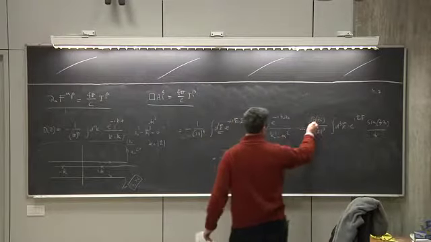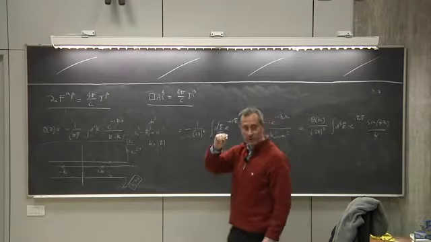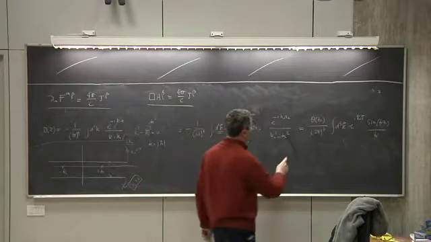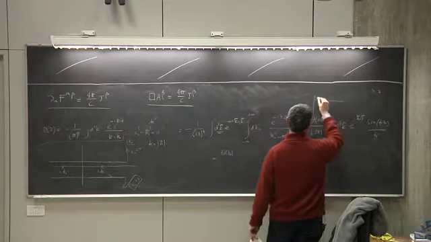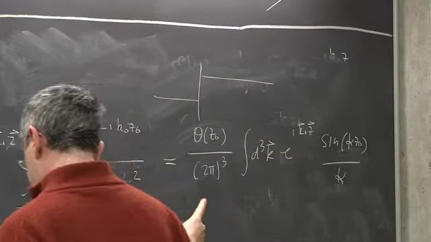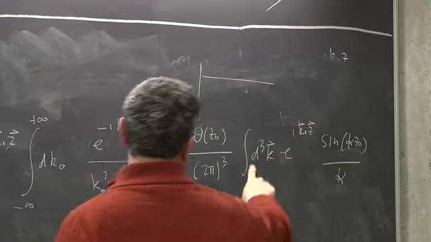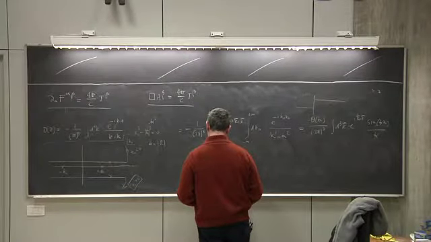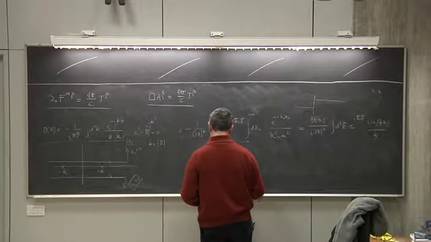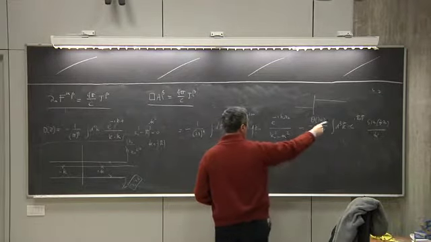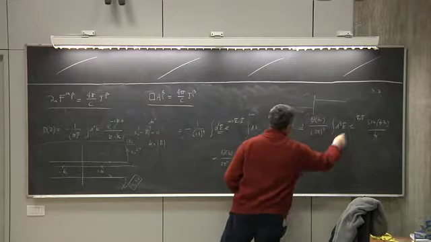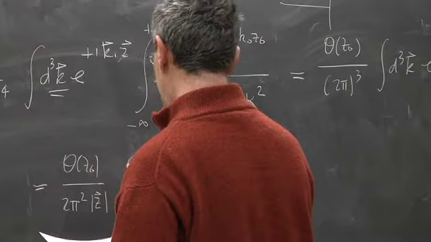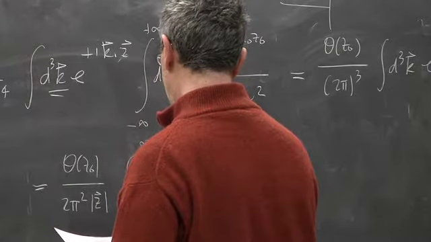And you know, this function is the one that is 0 if the variable is negative and 1 if it's positive, right? It's the theta function, the step function. So you can do the angular part of this integral, and the result is that you kill a few factors of pi and 2. Then you bring down the z, and you are left with the sine again.